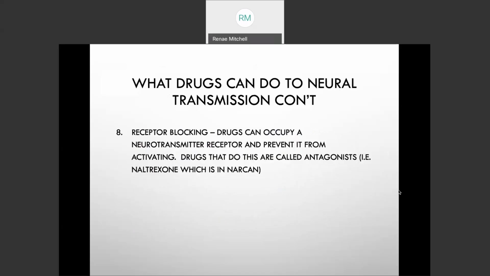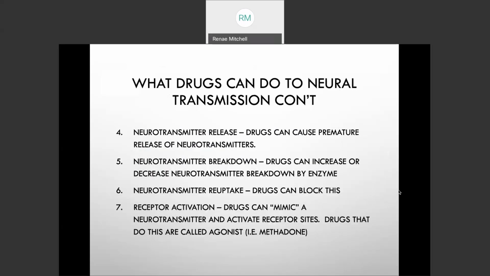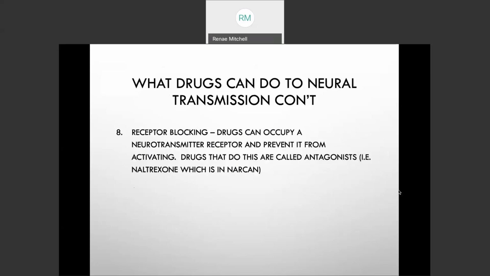Whereas methadone binds with the same receptor site as heroin, for example, and activates it, naltrexone or Narcan attaches to that same receptor site but blocks it from being transmitted. So it actually stops the experience of what heroin would be doing to the neurons.